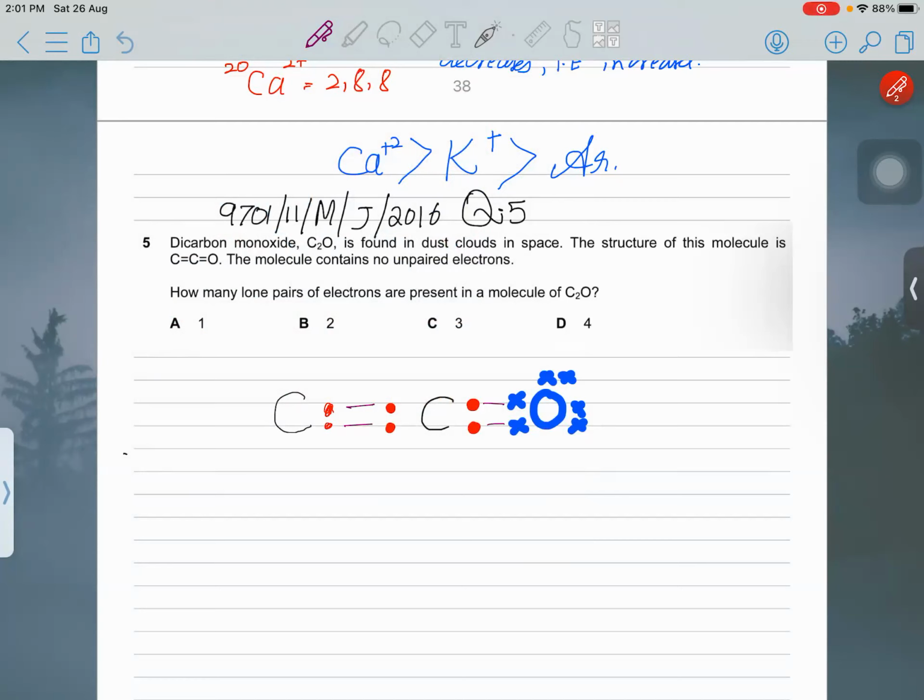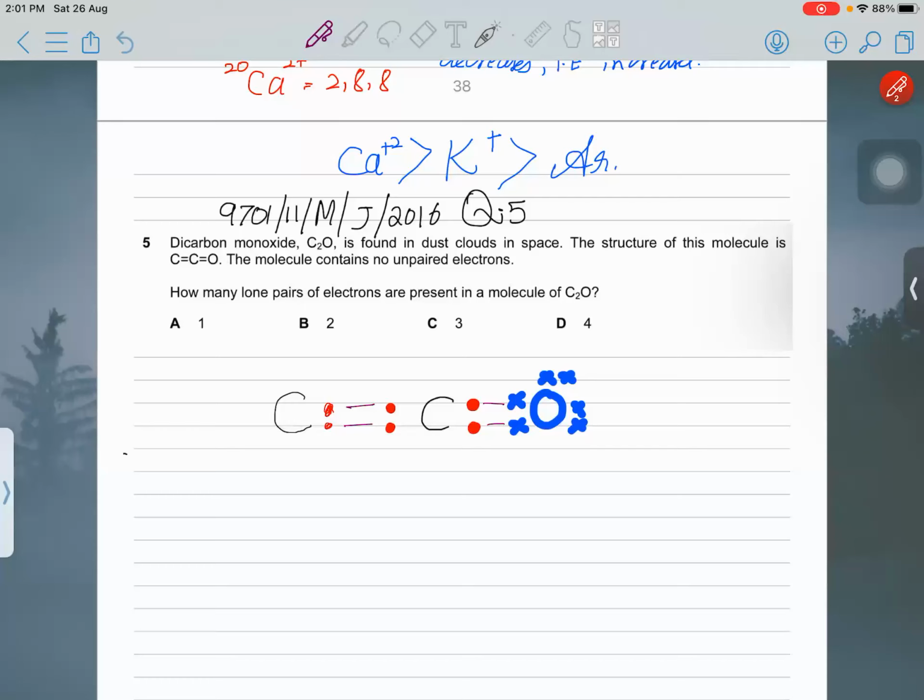Can you tell me the lone pair? So 3. Three or two?